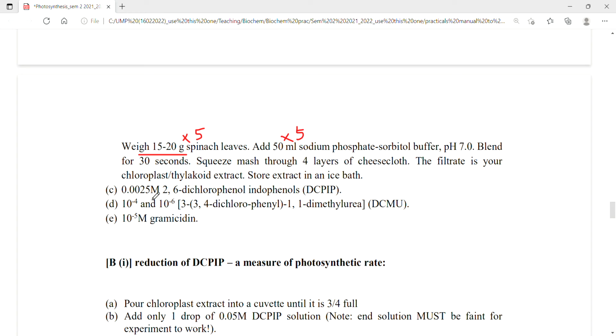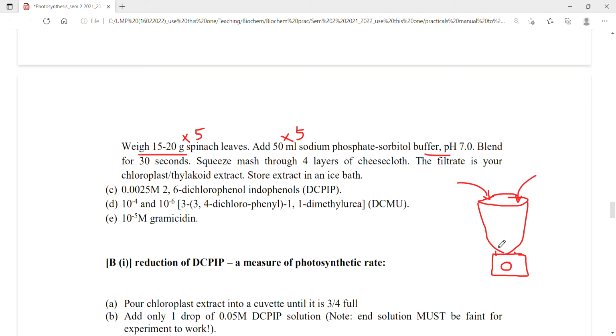Okay, so what we do, we take these leaves. Now we have to use a blender, so hopefully I can draw a blender. It's called a Waring blender, quite a unique one, but we are only using more of a household blender. Assuming this is the blender, we put in the leaf as much as specified by weighing, and then put in the buffer.